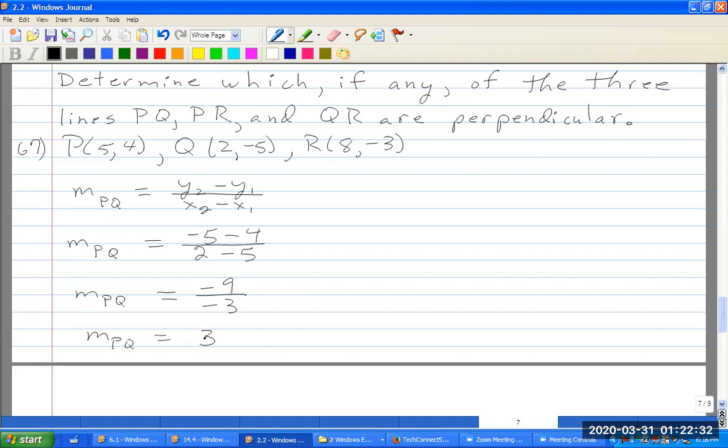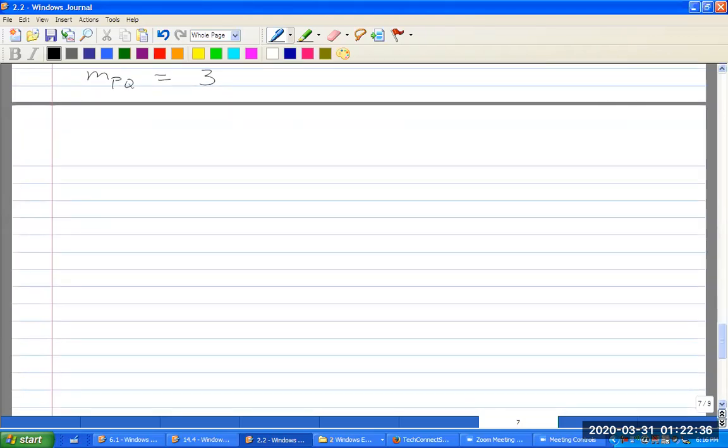Okay. Let's look at PR. And so P is the point 5, 4. R is 8, negative 3. So let's do y2 minus y1 over x2 minus x1.